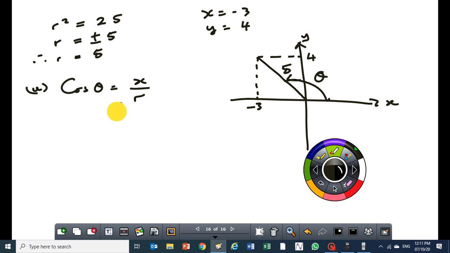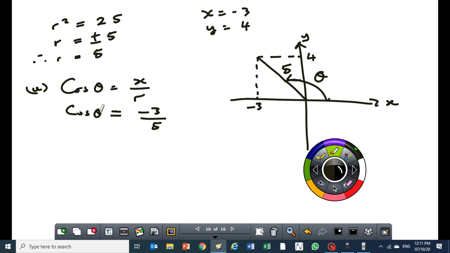What is x? It's minus 3. What is r? It's 5. So this one is simple. Once you get your x, y, and r, the rest is just knowledge of algebra. So we are done with this one.